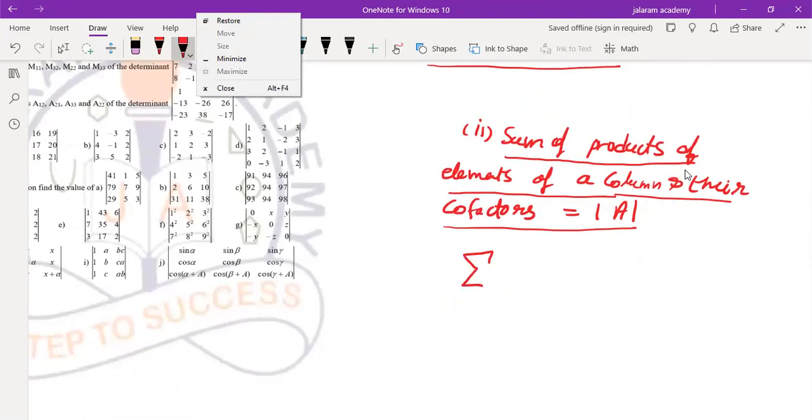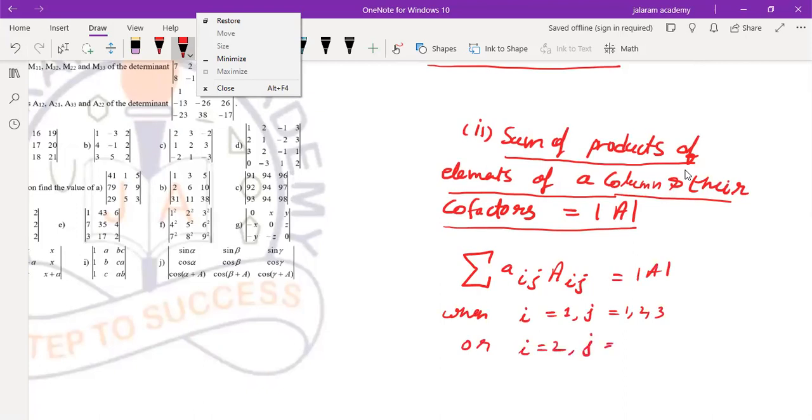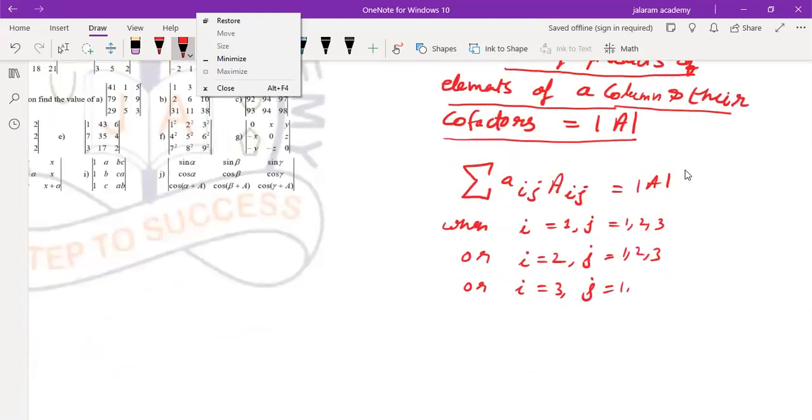sigma Aij into Aij, when i equals 1, j equals 1, 2, 3 equals determinant of A, or i equals 2, means when we use the second row, j equals 1, 2, 3, or i equals 3 and j equals 1, 2, 3.